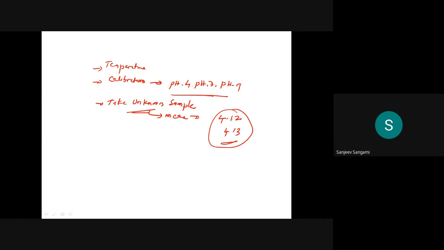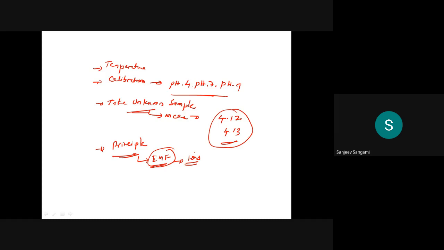I also explained the principle behind this experiment. It acts on the principle of electromotive force, that is EMF, by the ions that are present in the water.